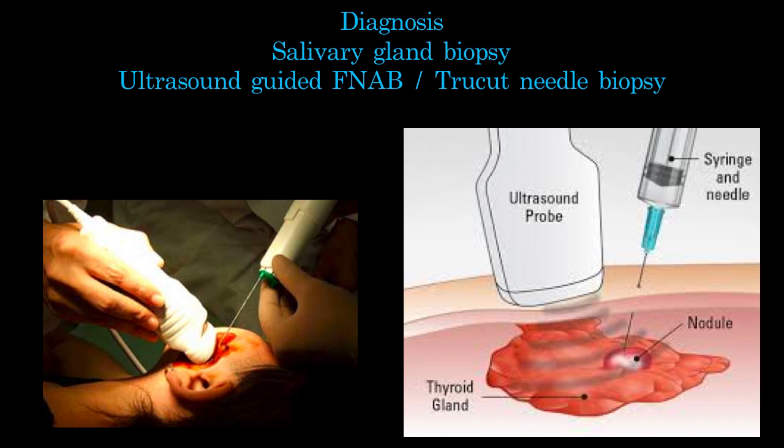The ultrasound probe is placed on the area of the tumor, and we can see on the screen of the ultrasound machine exactly where the mass is, and we can go with the fine needle or true cut needle directly to the mass and take our biopsy.